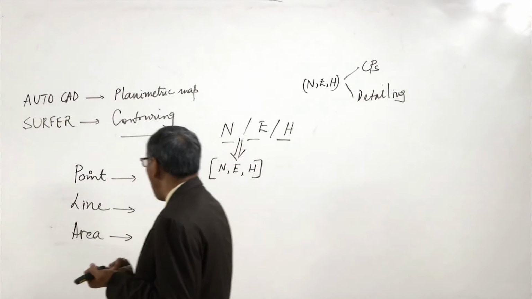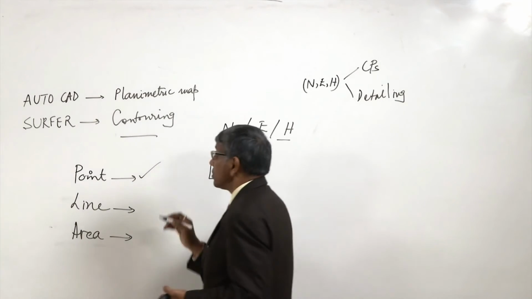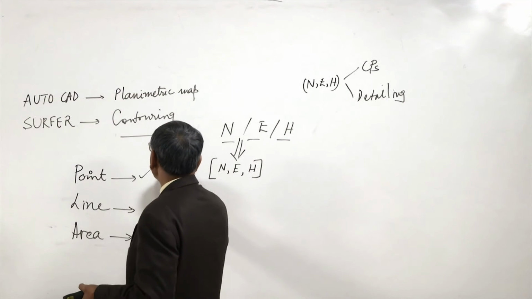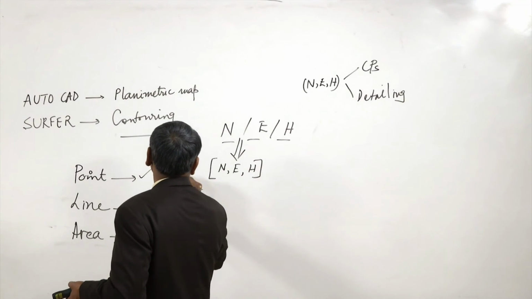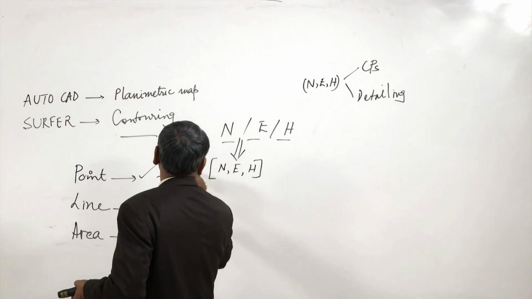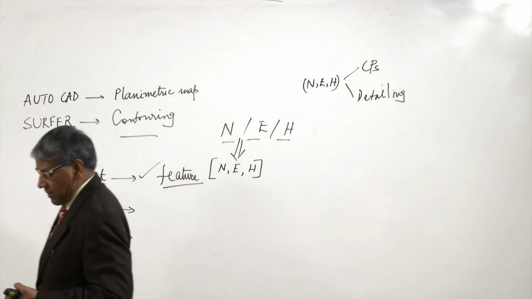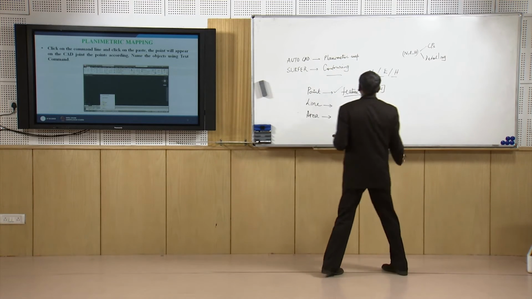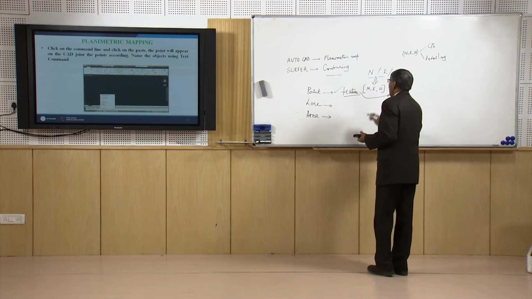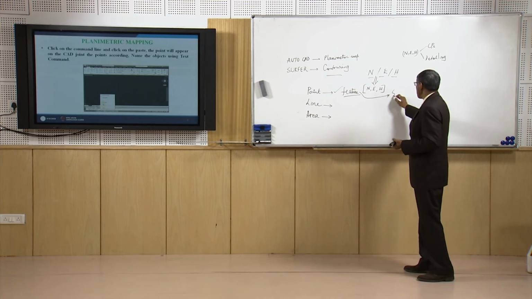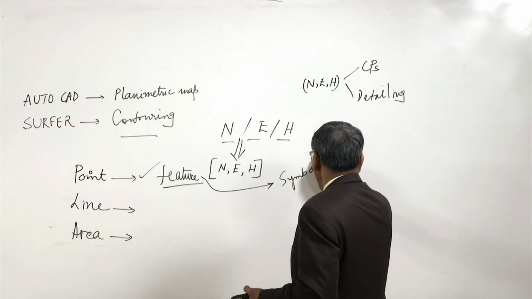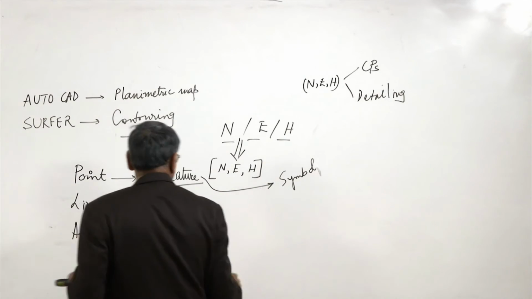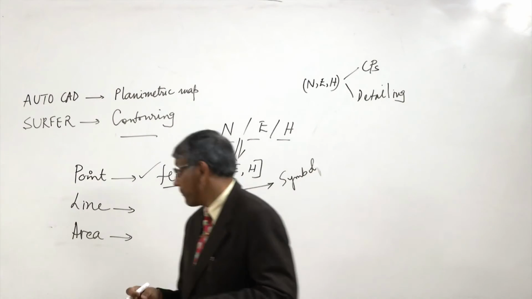For the point object, we should identify not only the location of the point, but also what the feature is, and we should note down the corresponding symbol for that point.